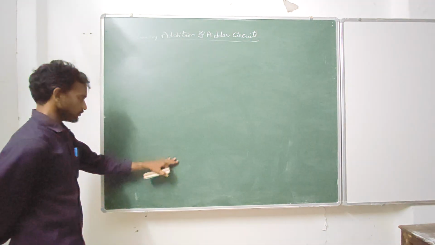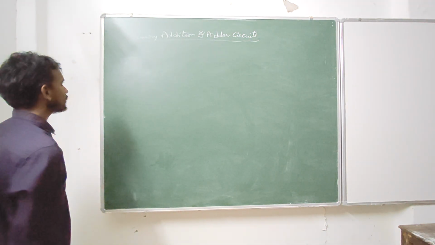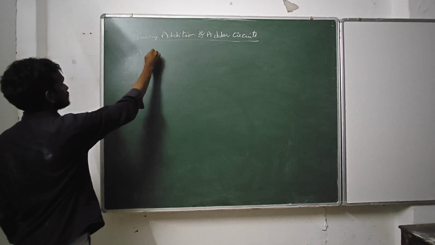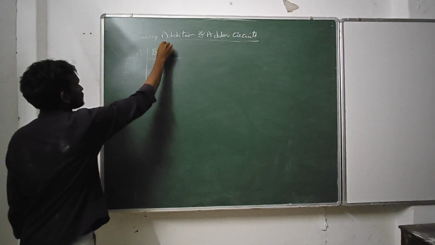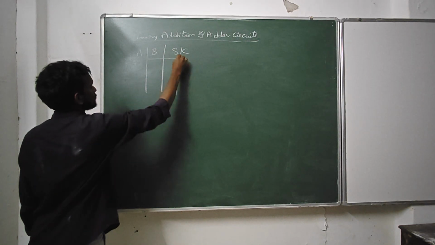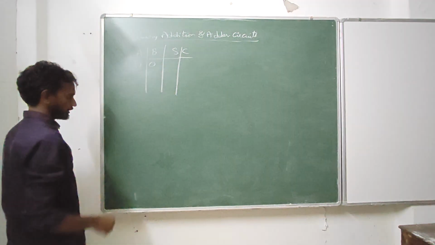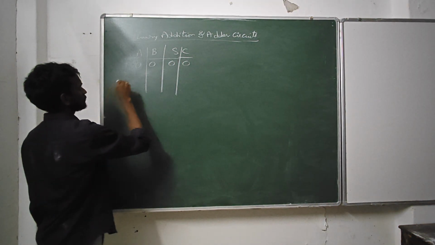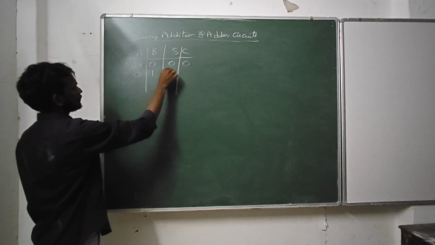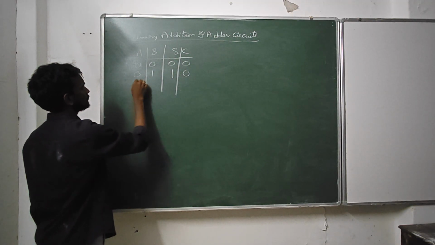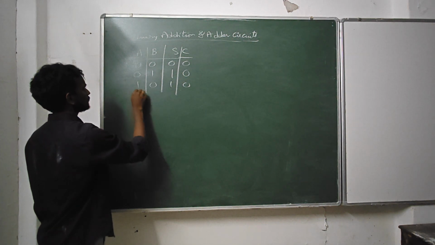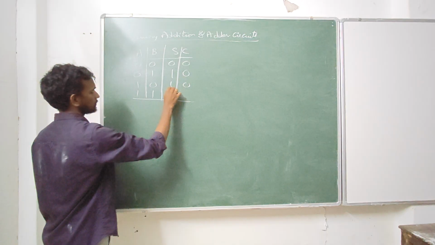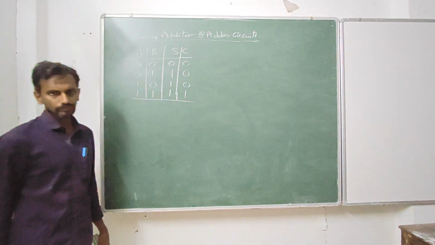Carry will be continued on to the next level. So let's say when you are adding two binary numbers 0 and 0, sum will be 0 and carry is also 0. 0 1, sum is 1, carry is 0. 1 0 is 1 0. And when you have 1 1, the result is sum is 1 and carry is also 1.